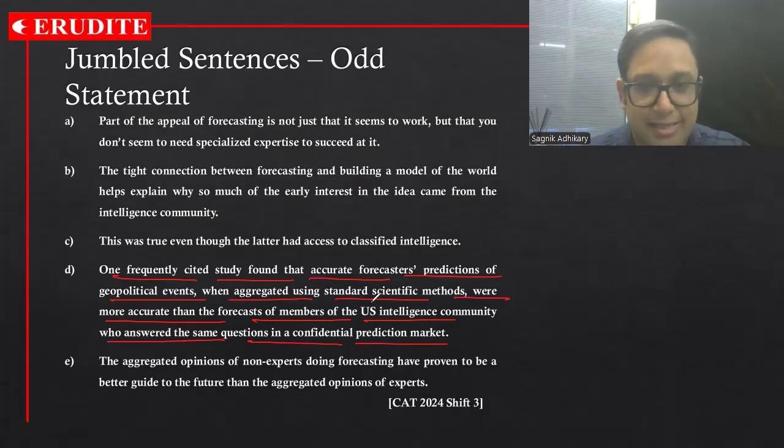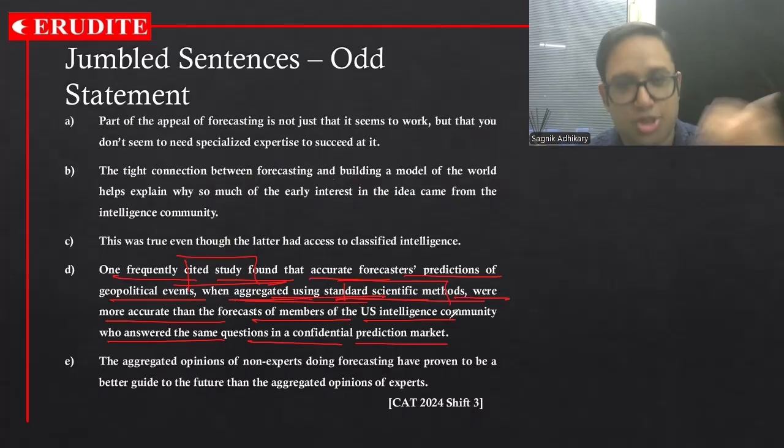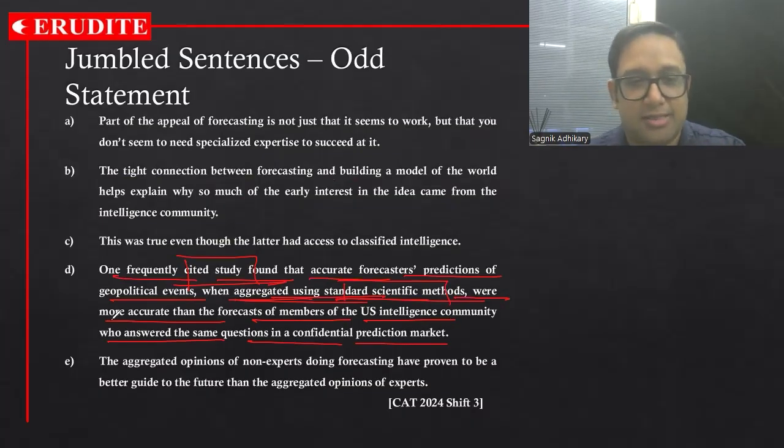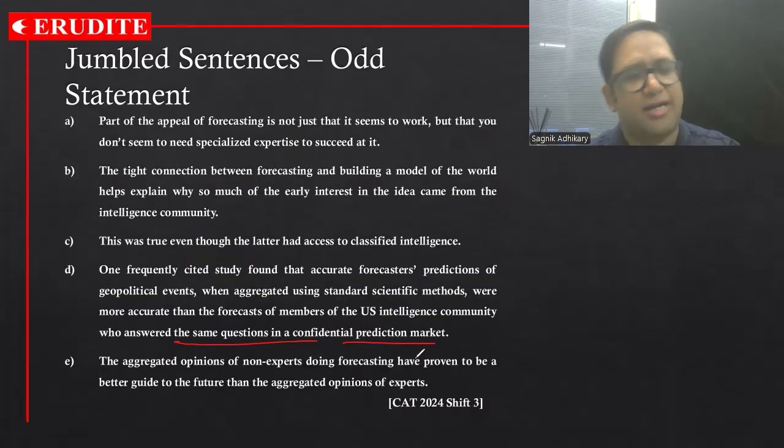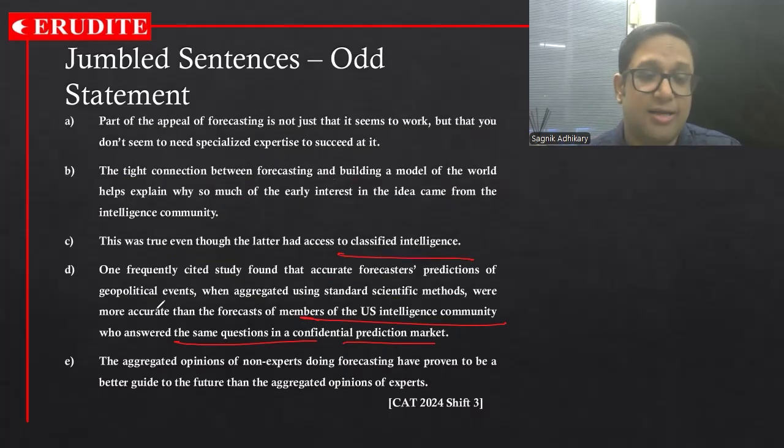Though the intelligence community probably had more intelligence, they still did not make as accurate forecasts as average people using standard scientific methods.